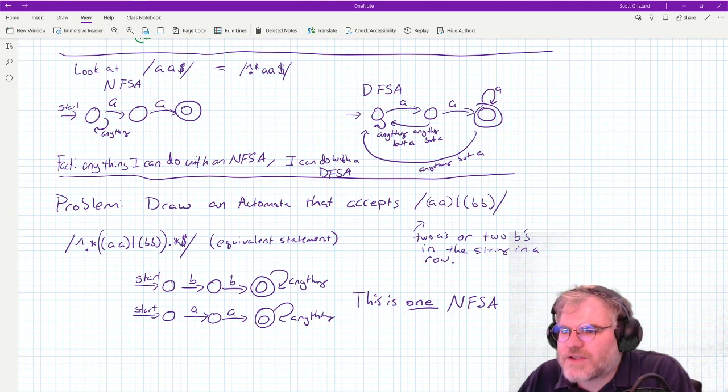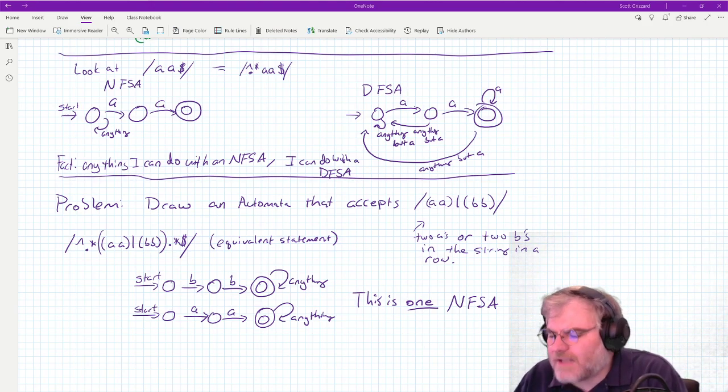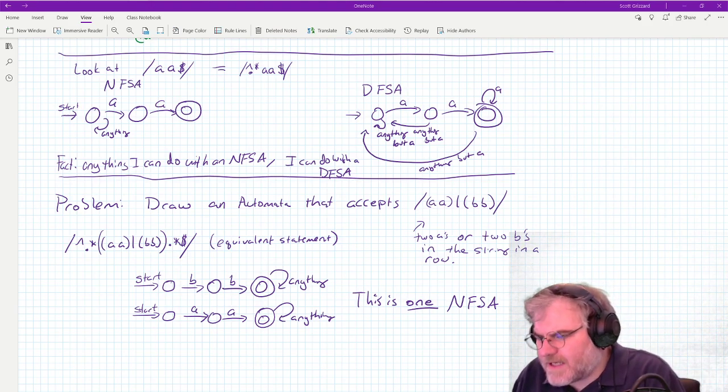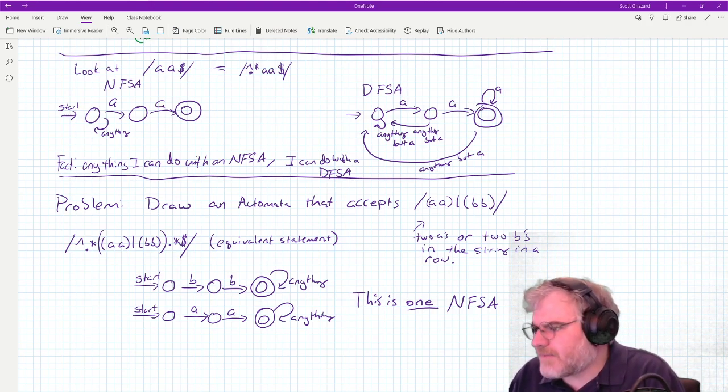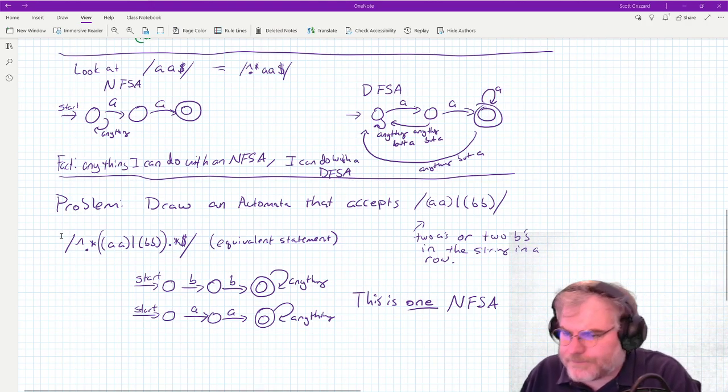Well, there's a question: do I need a junk state in this problem? Remember, junk states are optional to begin with. I'm just throwing them in there, but usually for a non-deterministic automata you don't write it in there. You actually don't technically need to write it even for a deterministic finite state automata, because you just start throwing out bad stuff. The junk always does basically the same thing. The only time I really care about a junk state is when I'm doing complements, because then I want to accept junk.